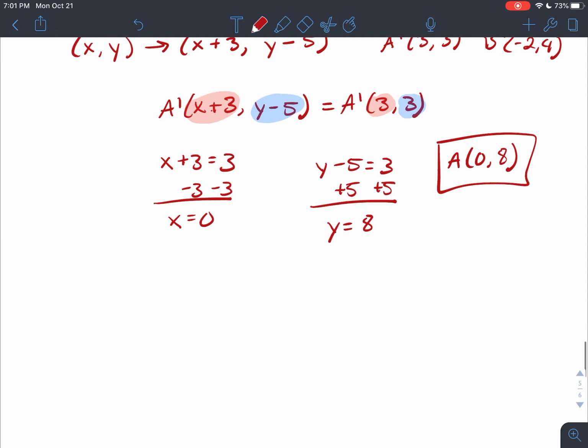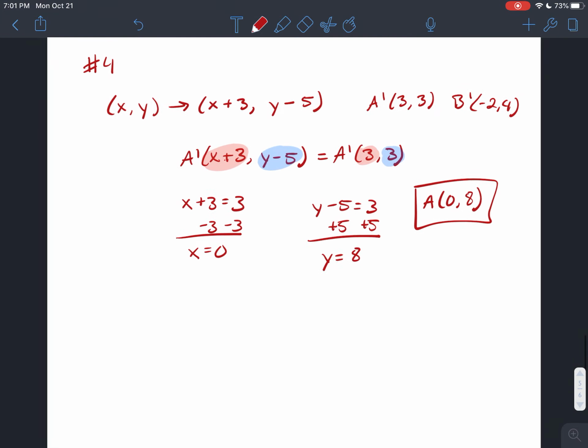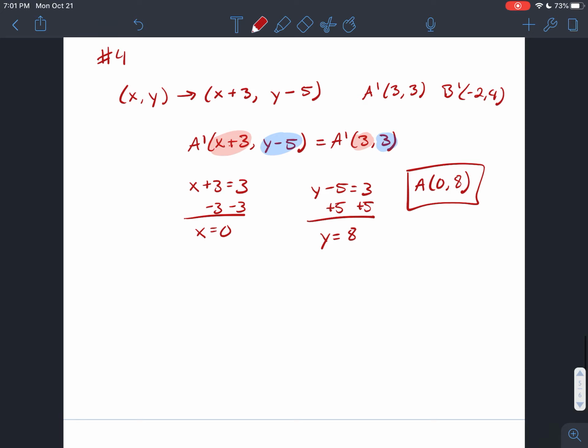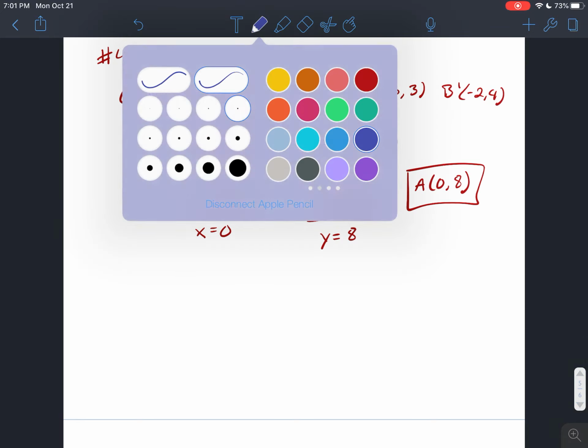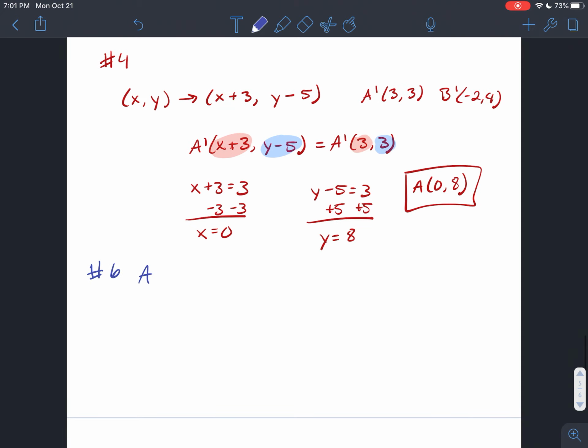Okay, so let's look at number 6 together. And I will just try to make this a little smaller so I'm not taking it away if you're still jotting it down. Okay, so number 6. All right, so it tells you that A is at 3, negative 4, and A prime is at 1, negative 8.